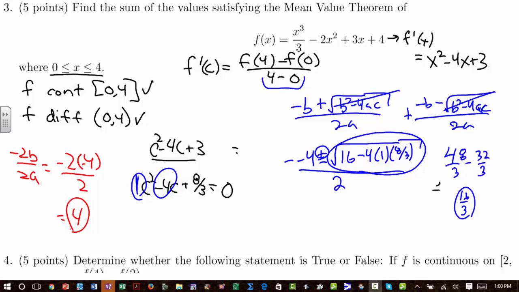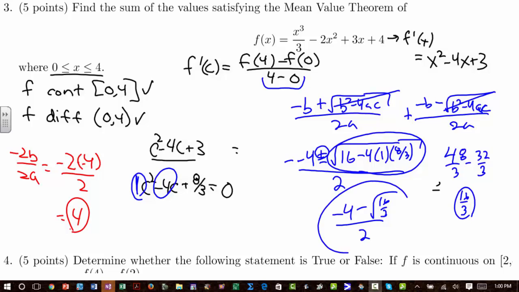But when we go negative 4 minus another value, yeah. What is it? Negative 4 plus. So there's only one value that satisfies the mean value theorem in this case. And it's going to be negative 4 minus the square root of 16/3 over 2.